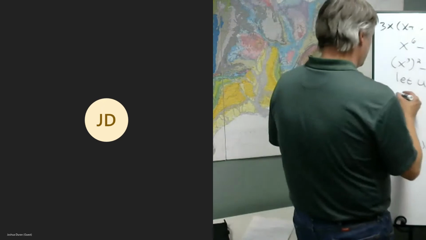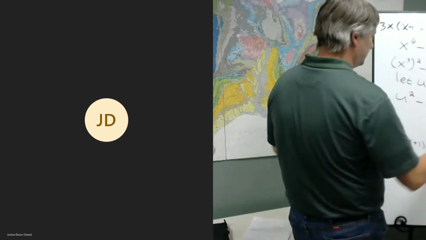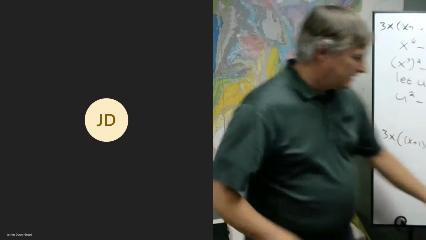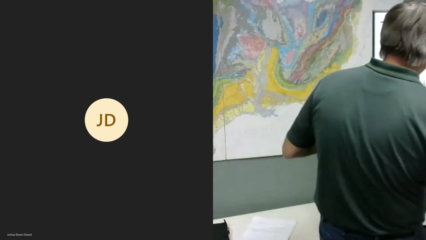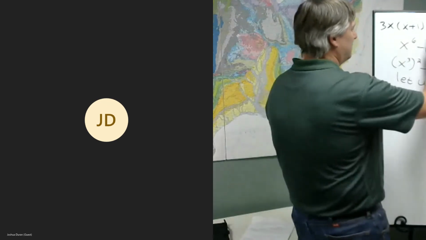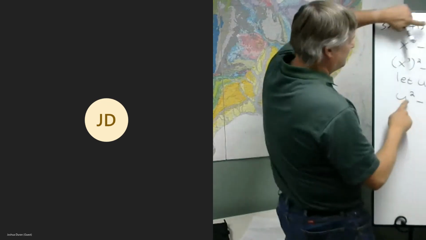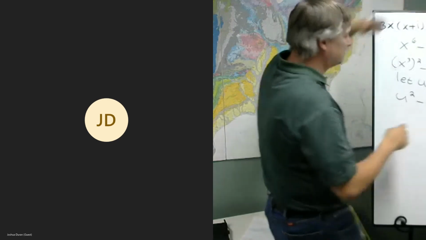So this will give us U squared minus U plus 1. And if we take a look at this, this is the same thing, or darn close to it, as this. Variable squared minus the variable plus 1.